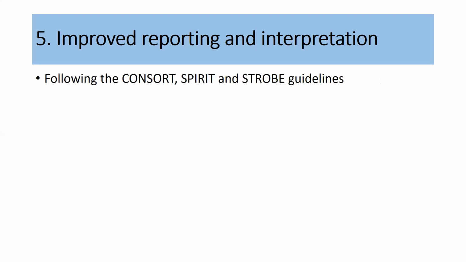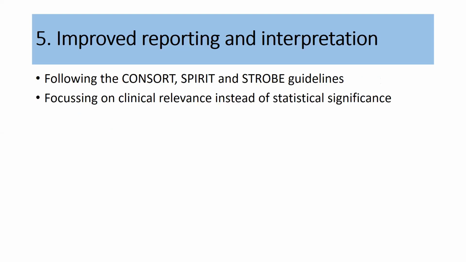Other ways that we can improve reporting and interpretation are by following specific guidelines in terms of reporting in protocols and in publications of results of studies. These require a sample size statement with justification and any assumptions on the minimum difference of clinical importance, to focus on clinical relevance instead of statistical significance.